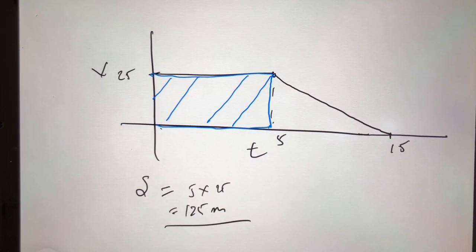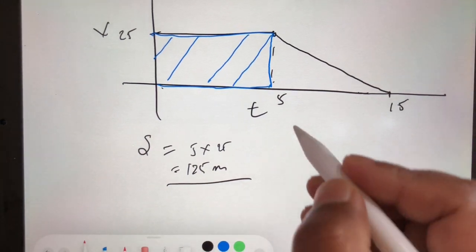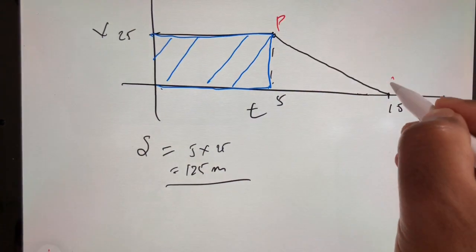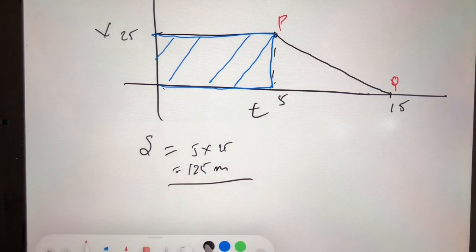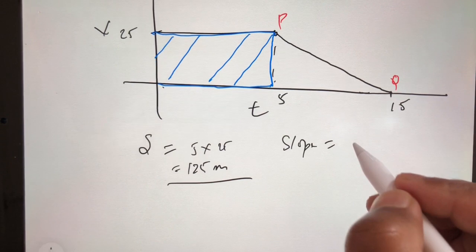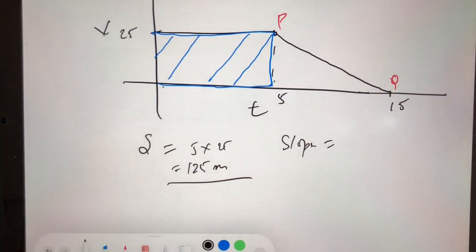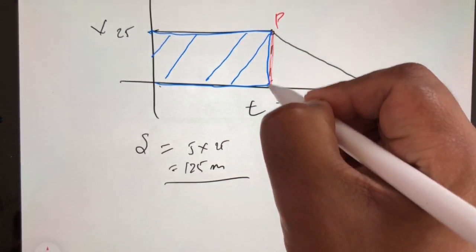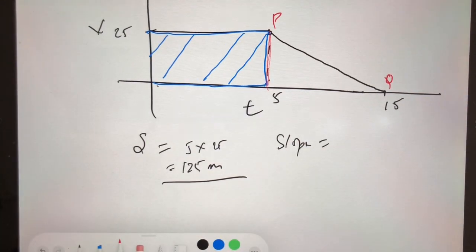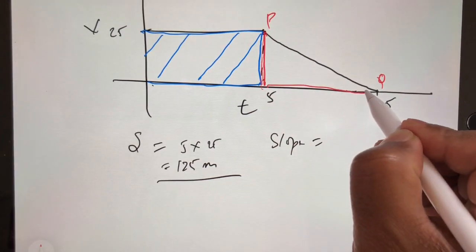Now it says I need to find the retardation. So for the retardation, this is the retardation. So PQ is the retardation. So if you see, the slope is the retardation. So slope is nothing but the vertical height, this one, divided by the horizontal distance.